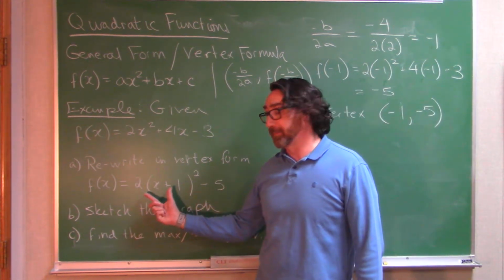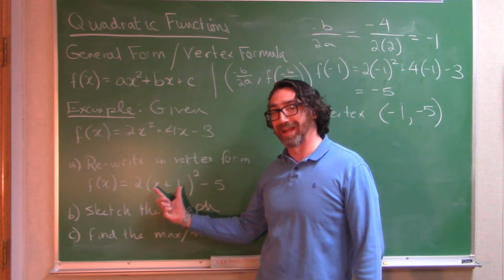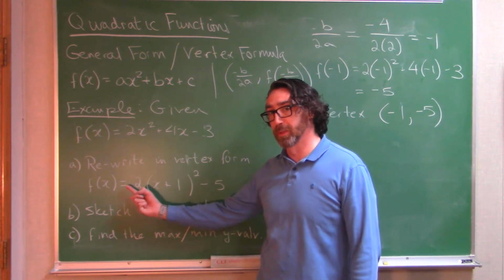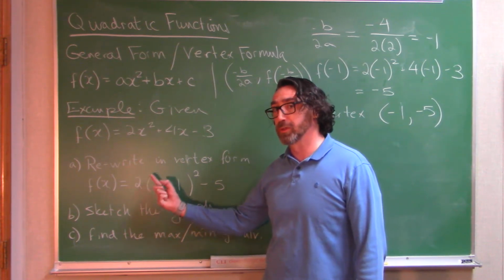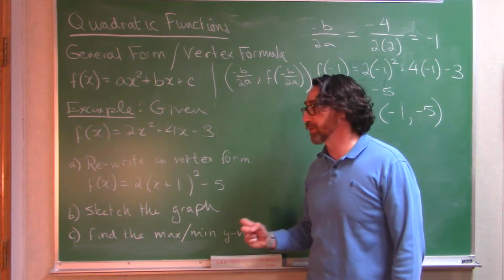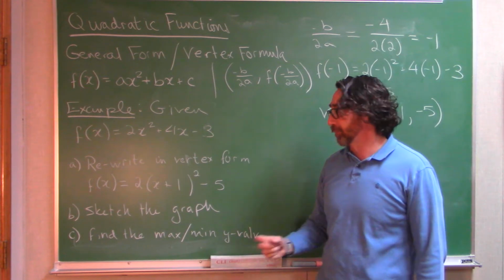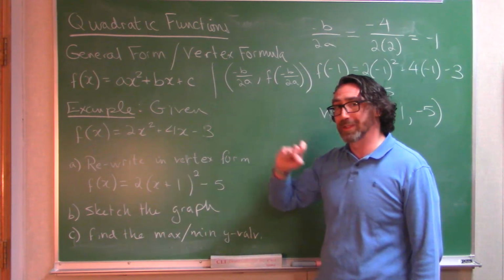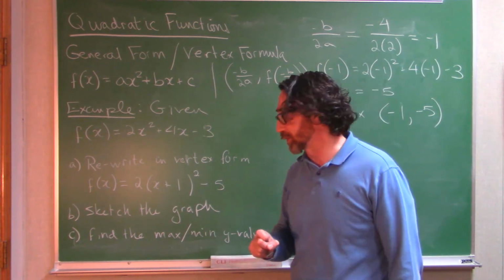If you don't believe me, take this and square it. You would get x squared plus 2x plus 1. Multiply in the 2: 2x squared plus 4x plus 2. Subtract the 5, and you get a -3 on the end. If you expand this out, you do indeed get back to our original function.